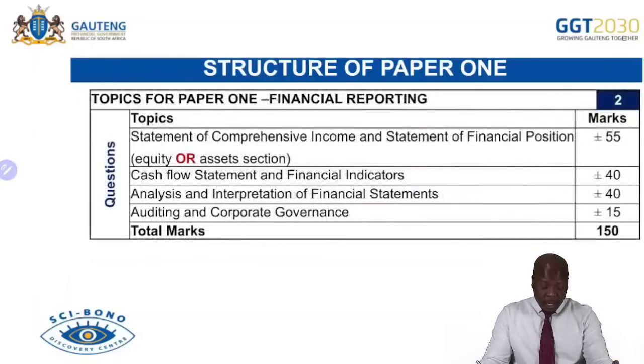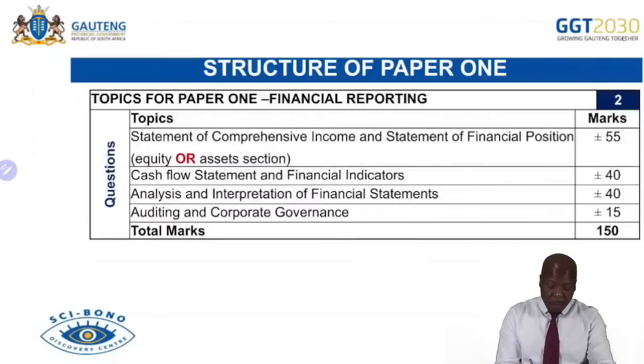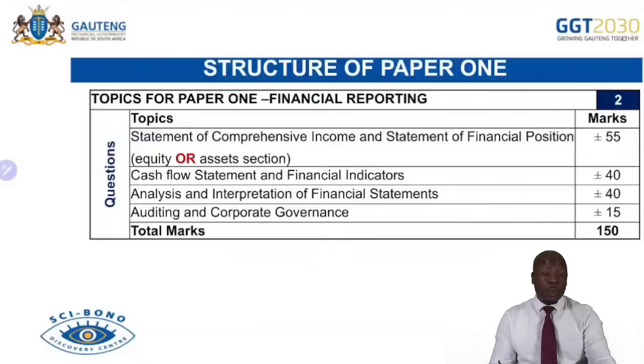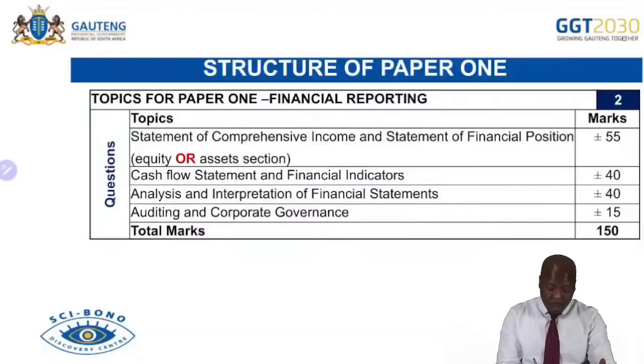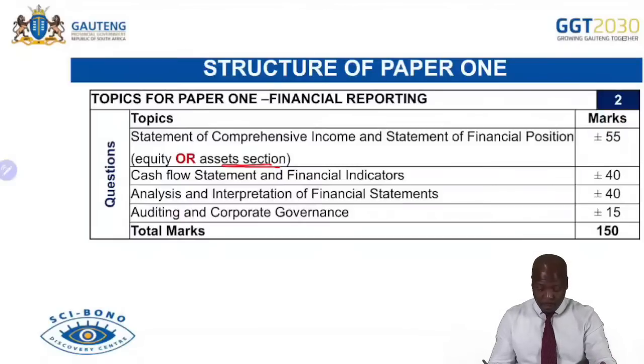The other option that can come on question number 1 would be your statement of comprehensive income and the statement of financial position. So this would be a full income statement then, the statement of comprehensive income, and then the statement of financial position. You can either get the equity or the assets section, depending on what the examiner is testing us on. But these are all possibilities.